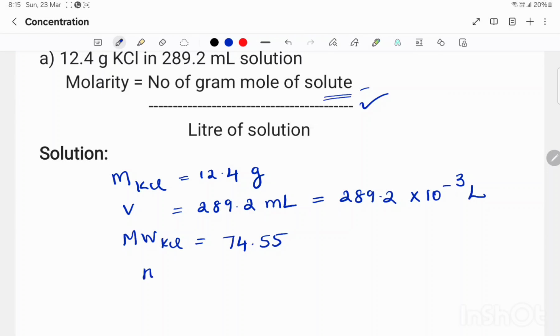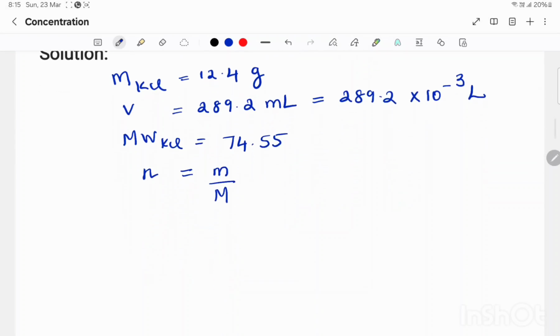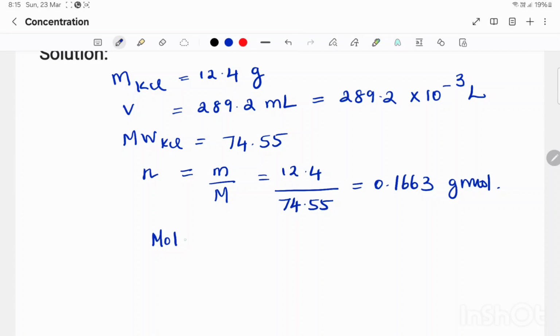So number of gram moles of solute can be calculated by using the formula mass by molecular weight. Mass is given as 12.4 grams and molecular weight of KCl is 74.55. So the number of gram moles is 0.1663 gram mole. So now we have calculated the number of moles, then we can calculate what is molarity.